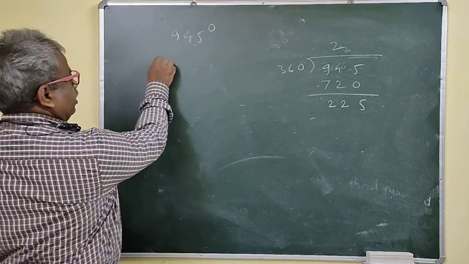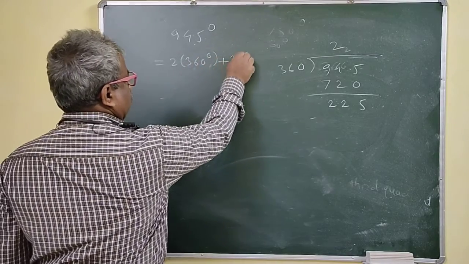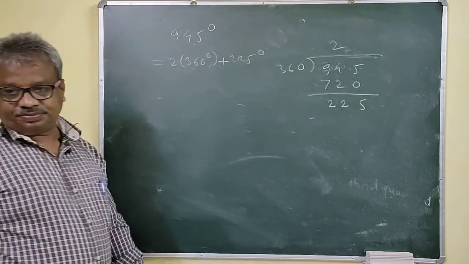So I can write this as 2 into 360 degree plus 225 degree, right?